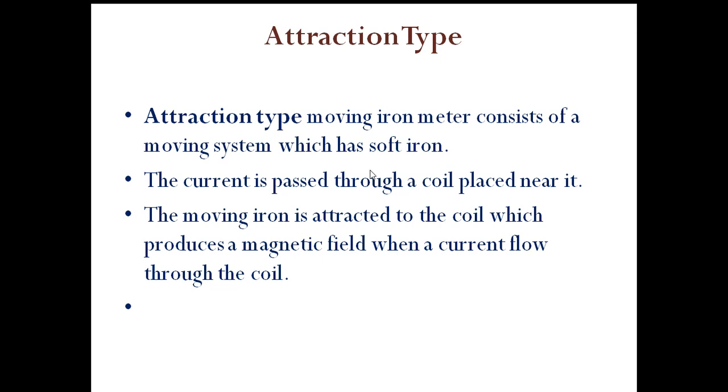So actually in this we have a coil. Whenever we send current through the coil, it produces a magnetic field. Due to this magnetic field, the soft iron piece will be attracted.